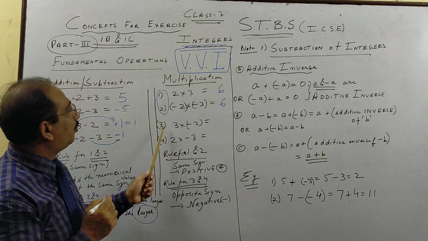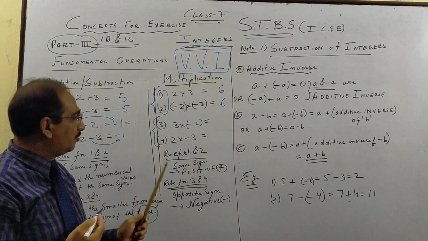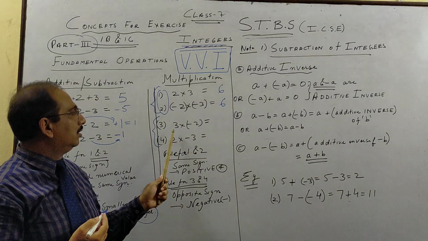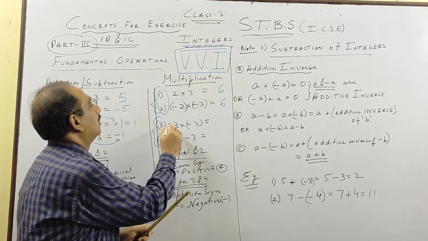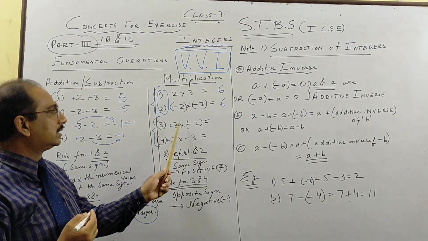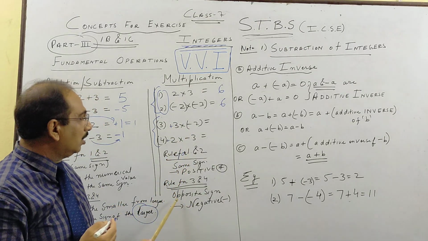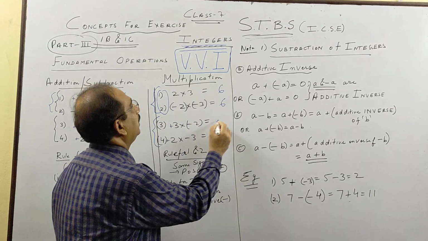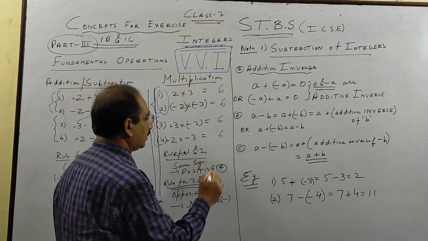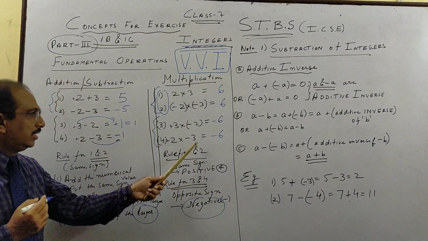Next, rule for 3 and 4. So similarly, we can group 3 and 4. What is that? Opposite sign. 1 plus and 1 minus. So here opposite sign, 1 plus 1 minus, 1 plus 1 minus. So what is the rule? You multiply, 3 2s are 6, 3 2s are 6, and always it will be negative. See the difference here.